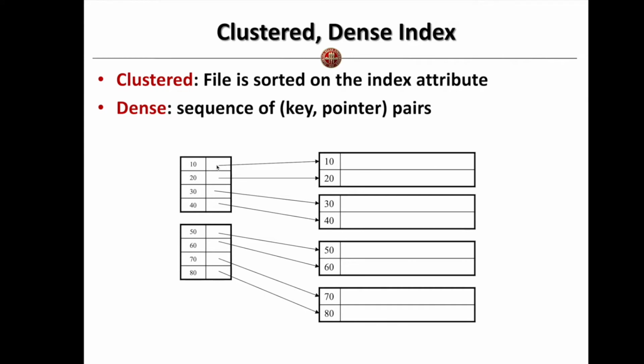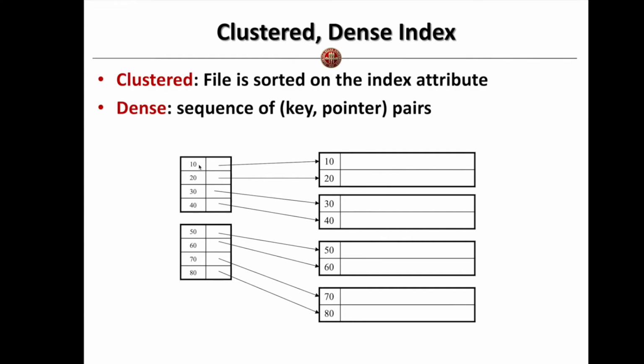We represent this record ID as a pointer. It points to a specific tuple in our tables in the database system. So the left-hand side is the index table, the index. The right-hand side is the concrete data we store in our database systems.